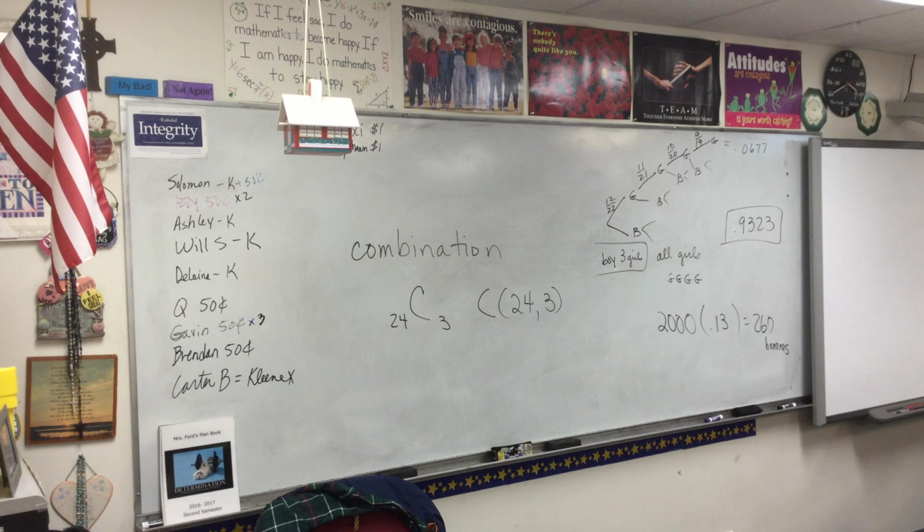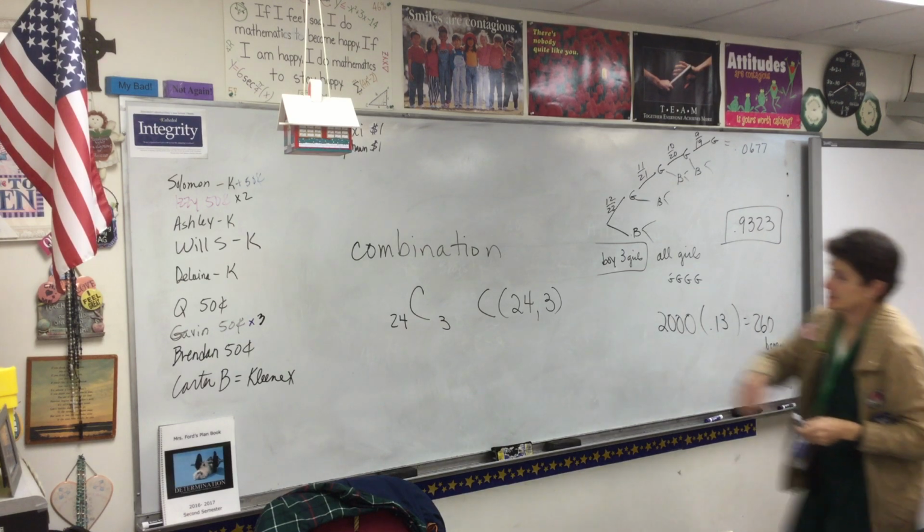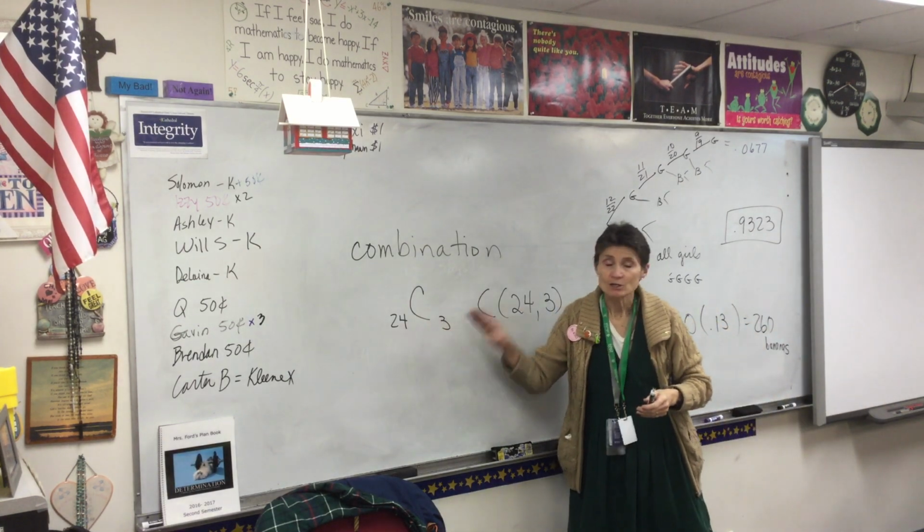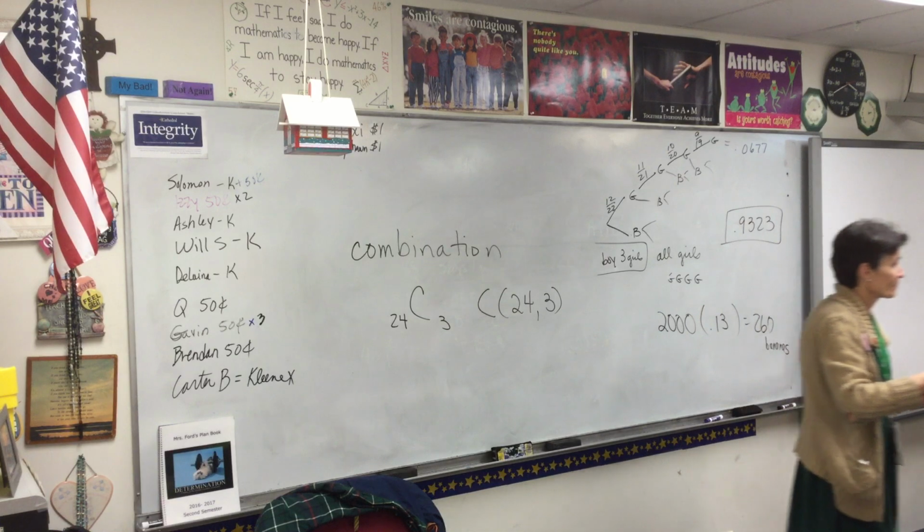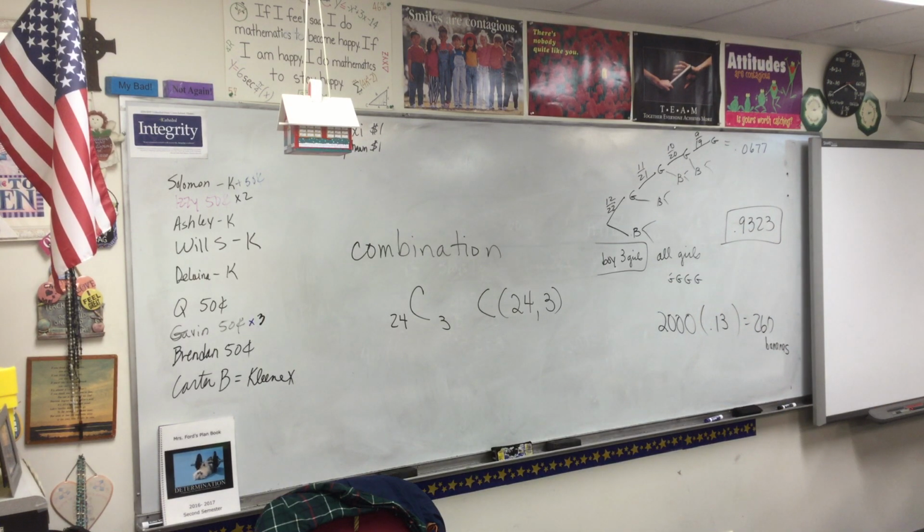Last option. Press enter. Then when you go down that column, do you see an nCr button? That is your combination button. Press that button, then press 3, and then press enter. It will tell you how many different committees you can have.